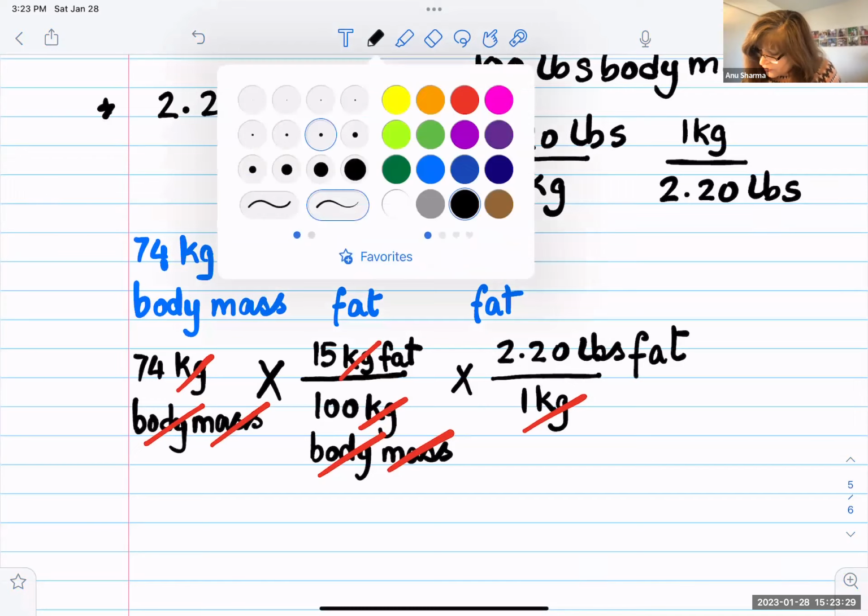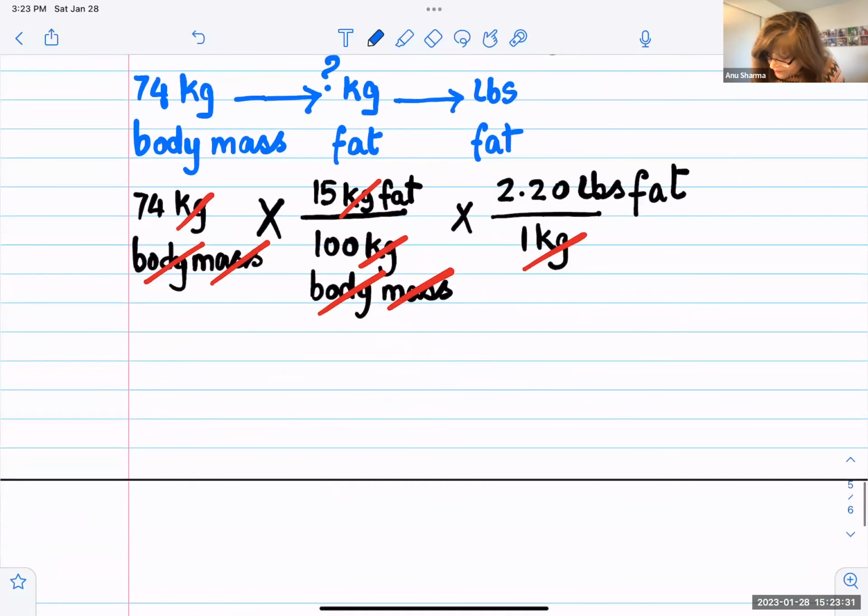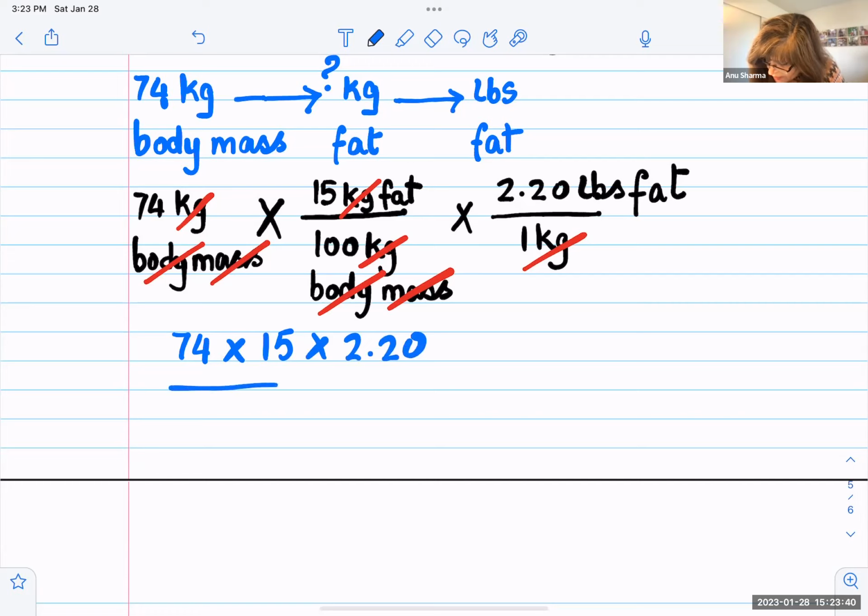Now write down 74 times 15 times 2.20, divided by 100 times 1. Here you are looking at exact numbers: 1 exact number, 3 exact numbers, and 2 exact numbers.